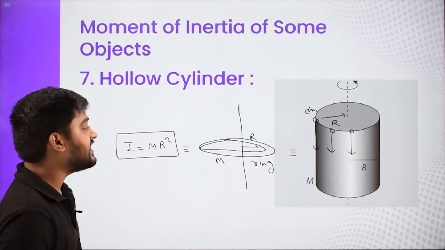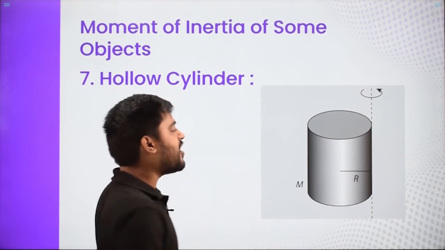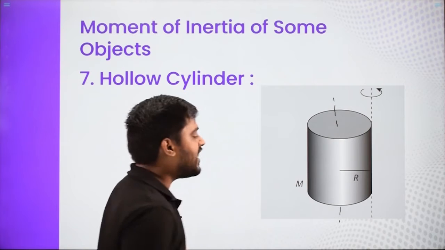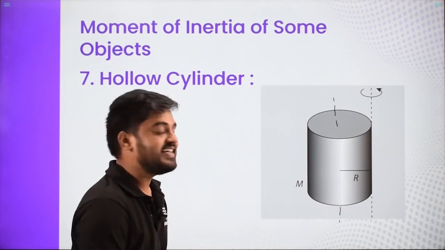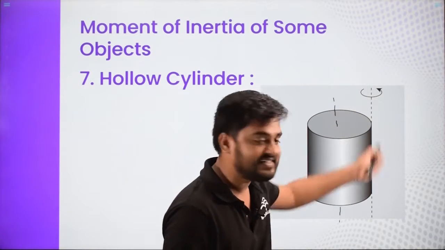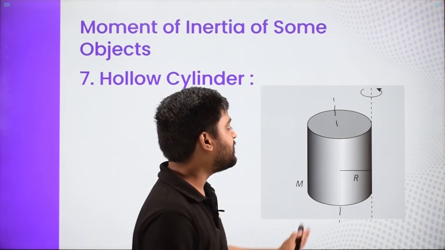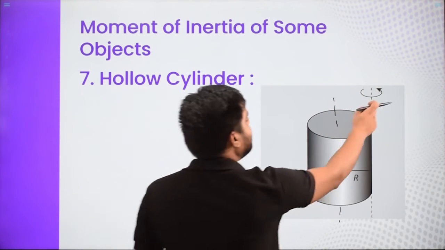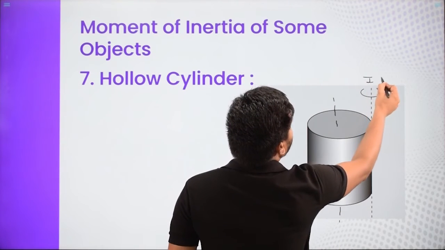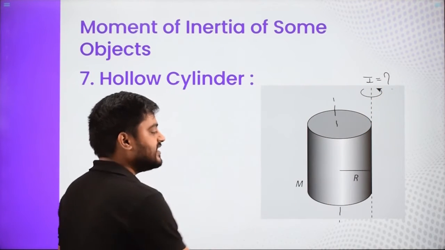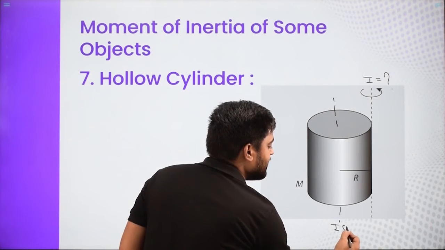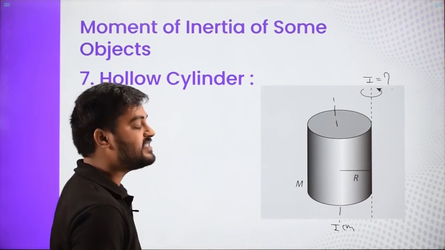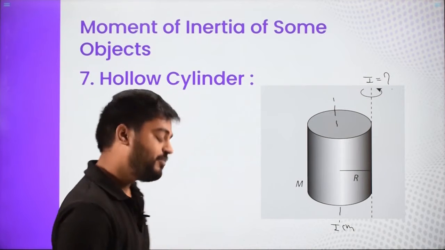So there are various cases. If we already know about moment of inertia of the hollow cylinder about this axis, I need to get the moment of inertia about this axis, which is basically a tangential axis of the cylinder, and it is parallel to the axis of the cylinder itself. If you want to get that moment of inertia, then this moment of inertia will be called ICM, because that is passing through center of mass. I can apply parallel axis theorem that is valid for 3D objects as well.